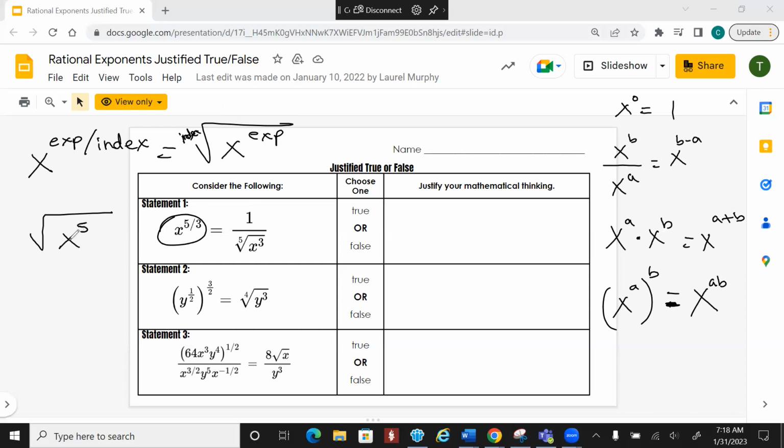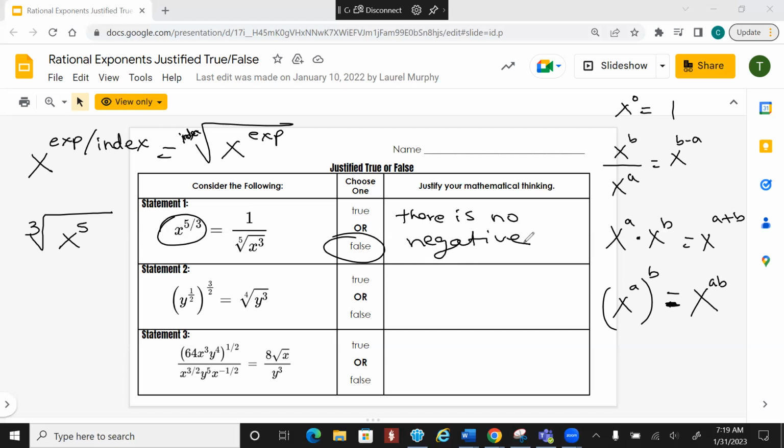So that's going to be to the 5th. And then we've got the cubic root that's going to be in that little cubby hole. Why do you say it's false? Right, it's flipped, right? And that would only be if we had a negative. And we don't have a negative. Okay, so there is no negative.